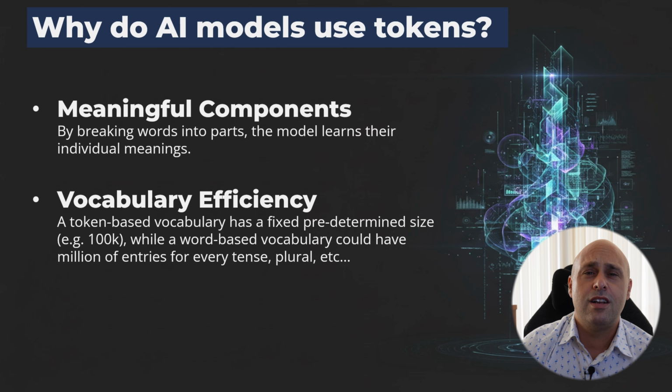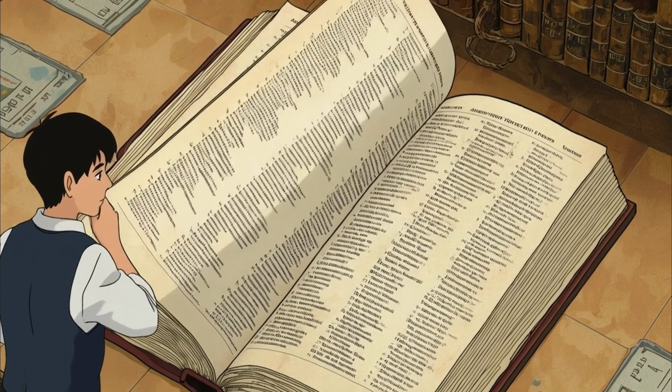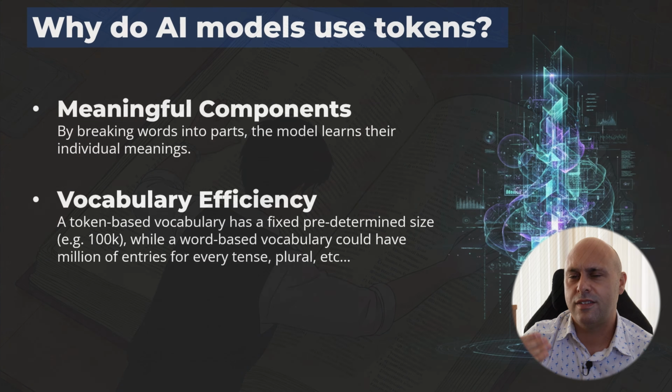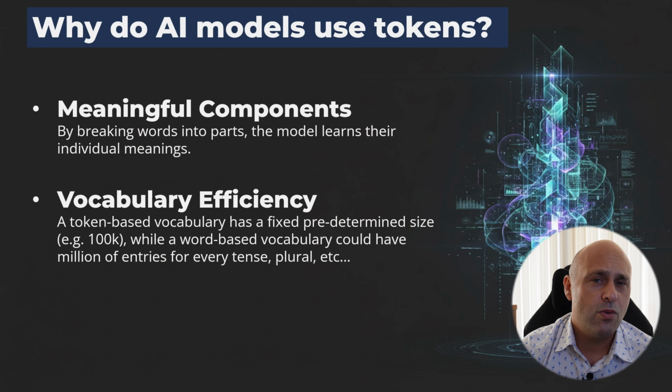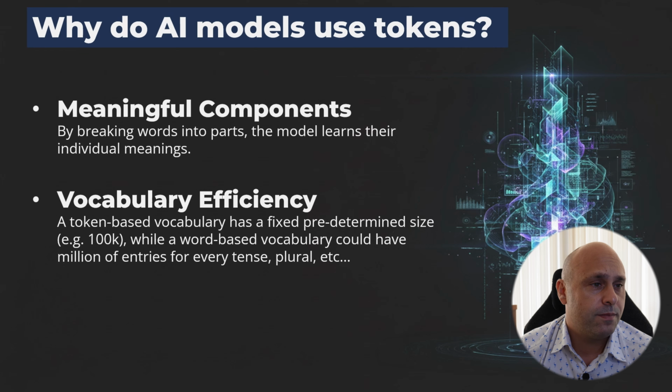The second reason is vocabulary efficiency. Tokens drastically reduce the vocabulary size the model needs to understand. A word-based vocabulary would have millions of entries, especially if you consider all the tenses, the plurals, the slang words, and the new words that get created every year.